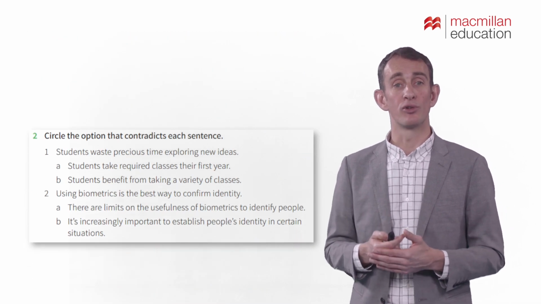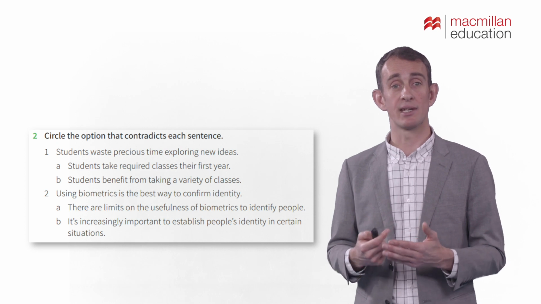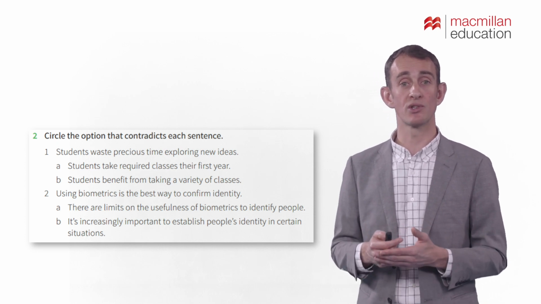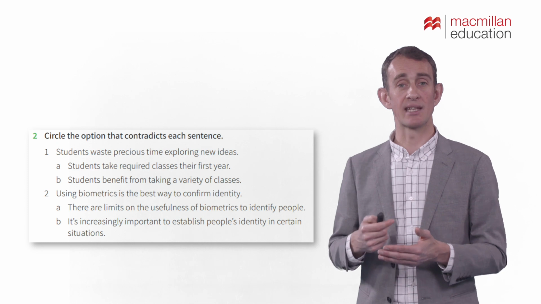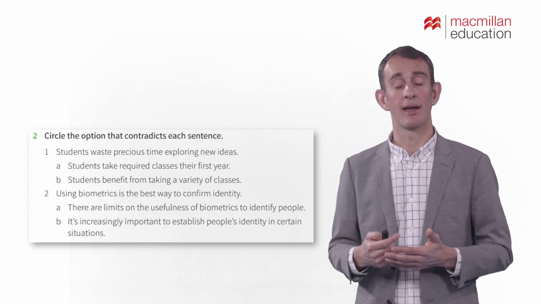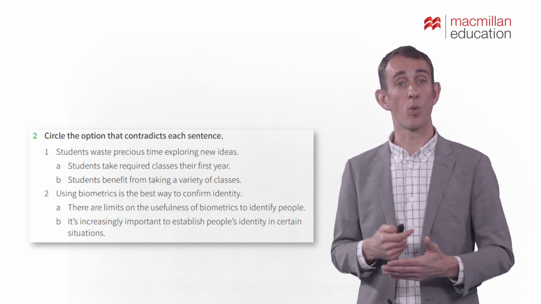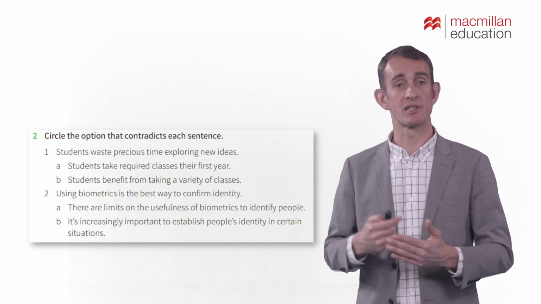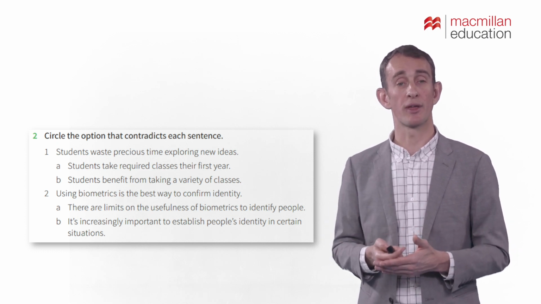Then they move on to some more practical activities where they're circling options about which of the sentences is a contradiction. Again, they're building up their awareness through this more explicit approach to critical thinking development.